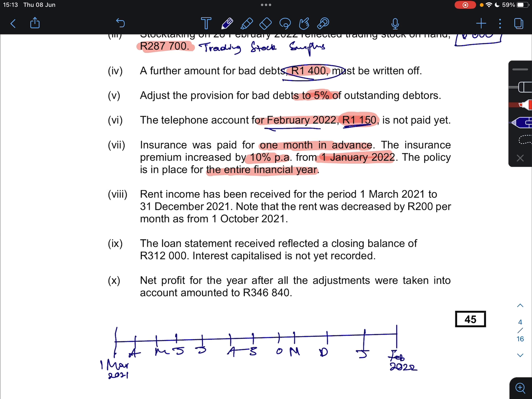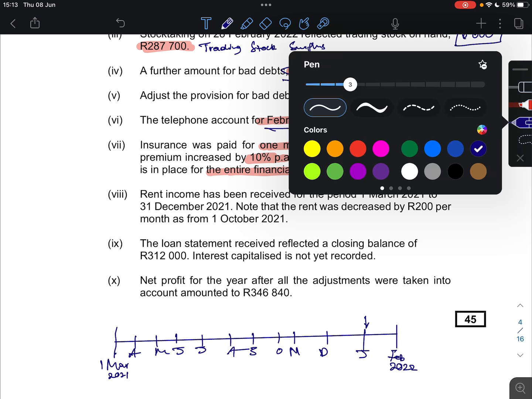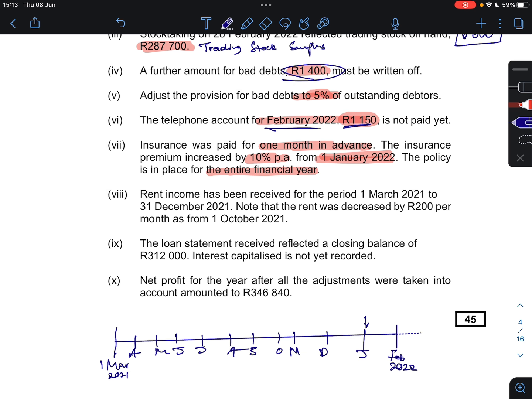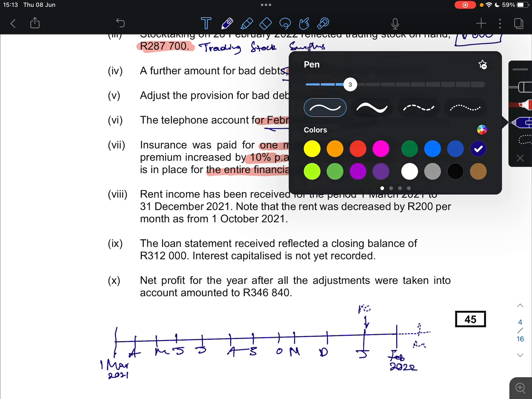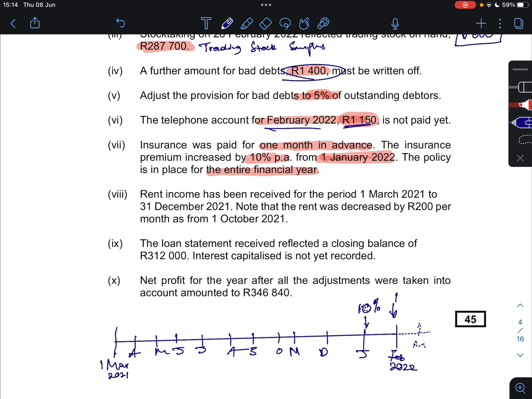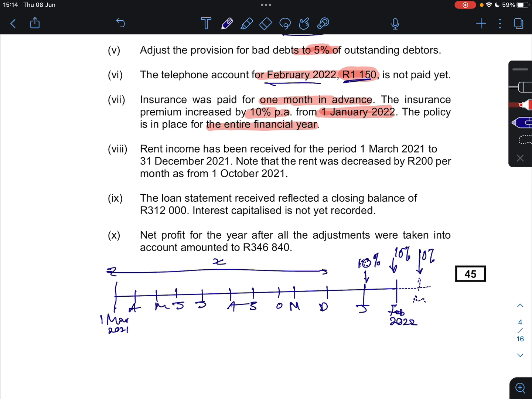Okay, so it says 10% here, but remember that we had paid 1 month in advance. So this is March, the next year. So 10% here, 10% here, 10%. All these other months we had the normal rate, which we will call X. And then this other rate, we will say is X plus X times 10%, because this is the normal rate.